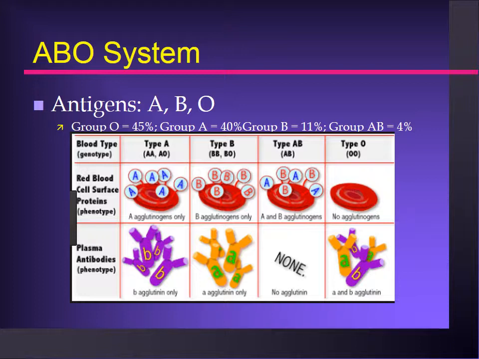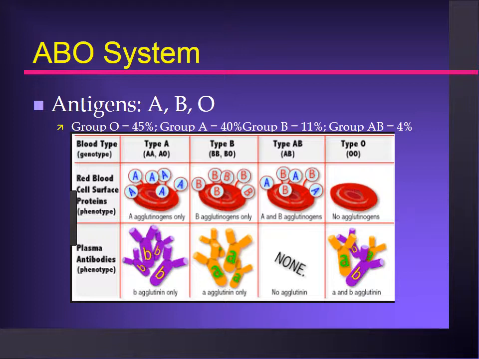If someone is AB, they have both A and B antigens on the red blood cells and neither antibody in their plasma. Someone who is a group O has neither antigens on their red blood cells, but they have both anti-A and anti-B in their plasma.